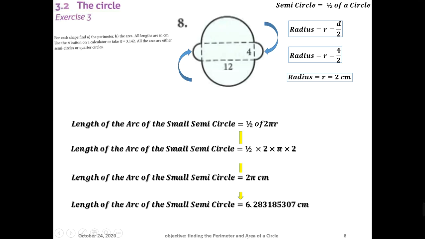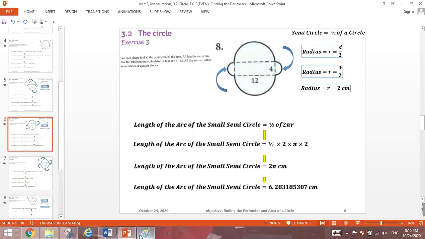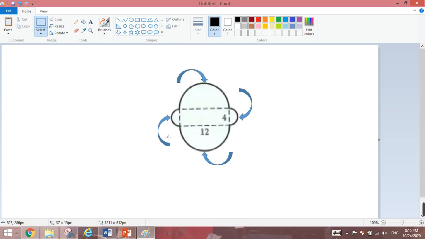Before we actually calculate the parameter, I would like to explain here, as we did in the previous videos. Let's say that this is my starting point in here, and if I go around, the length of this arc is 2 pi.